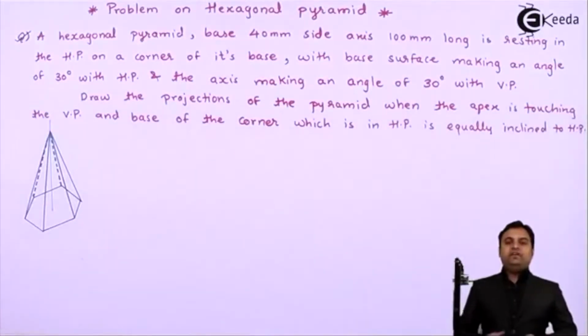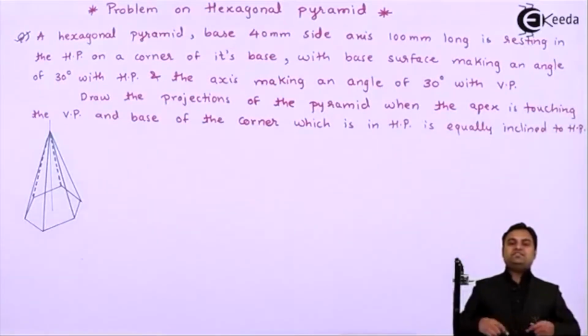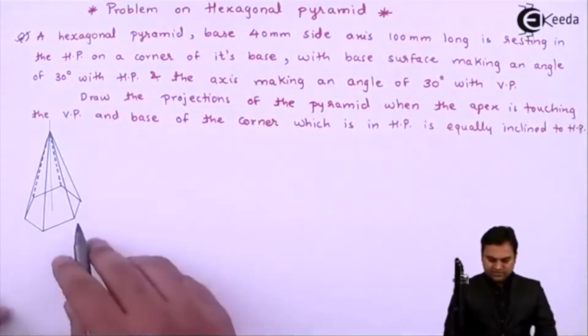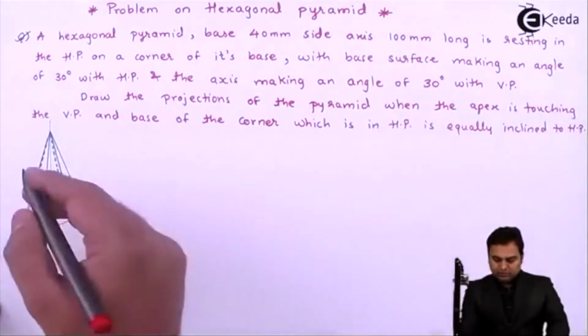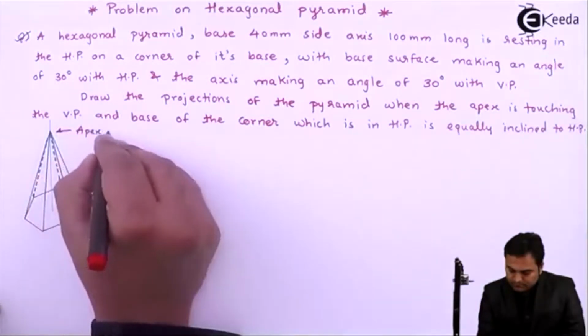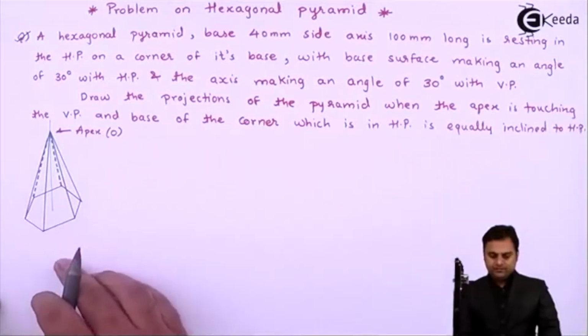So here we have a hexagonal pyramid in which the base is in the shape of a hexagon having 6 corners. All the 6 corners are connected to a common vertex called apex O. Base is in the shape of a hexagon.